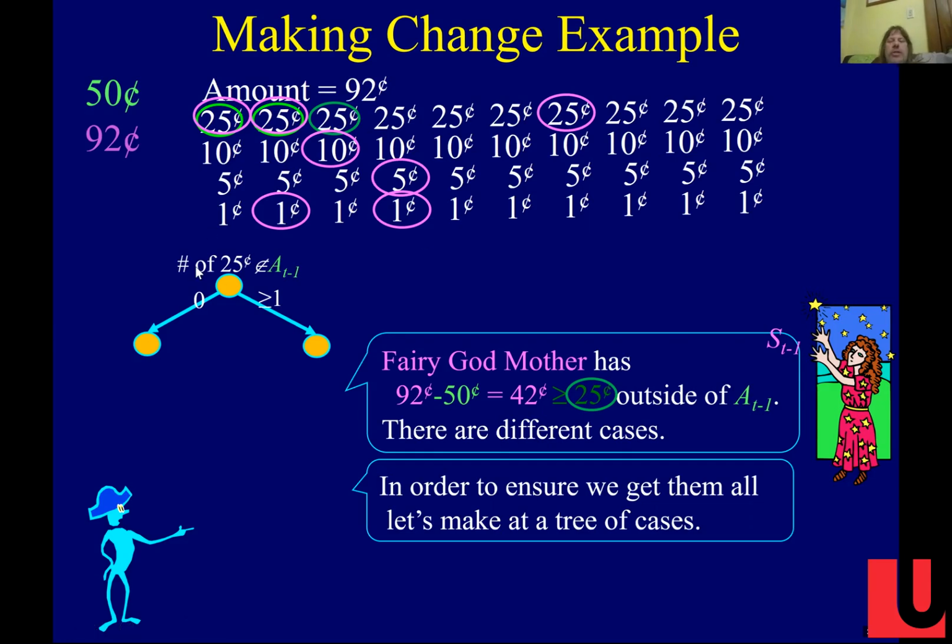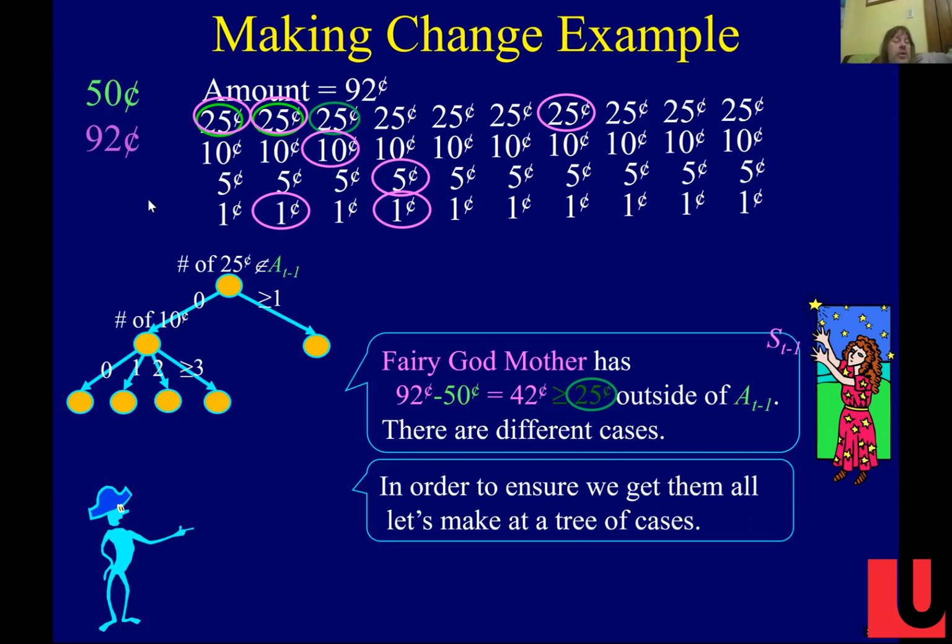The first branch is two cases. We could ask how many quarters she has outside of A t minus 1. We can consider the case where she has at least one quarter outside of A t minus 1, and we can consider the case where she has 0 quarters.